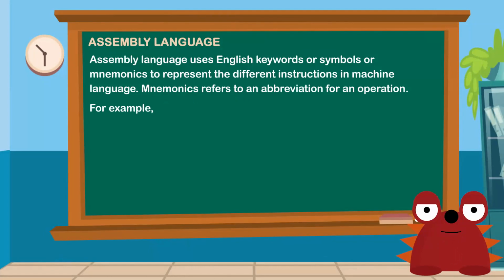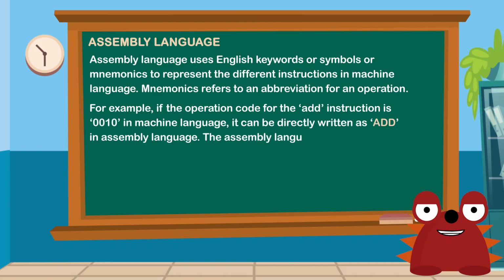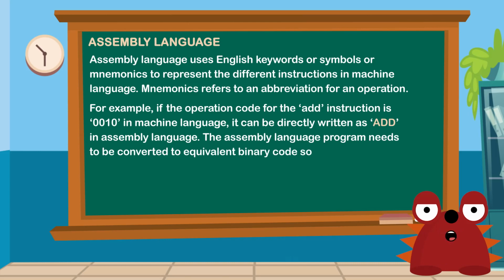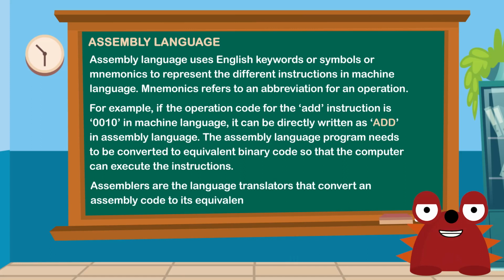For example, if the operation code for the add instruction is 0010 in machine language, it can be directly written as ADD or add in assembly language. The assembly language program needs to be converted to equivalent binary code so that the computer can execute the instructions. And assemblers are the language translators that convert an assembly code to its equivalent binary code.